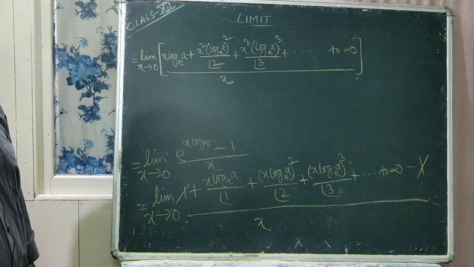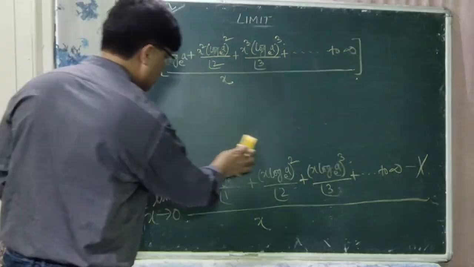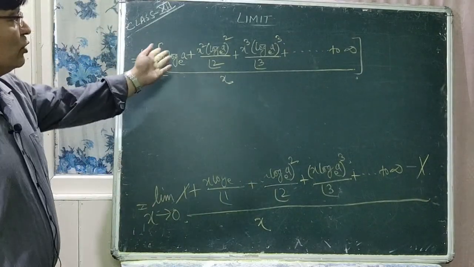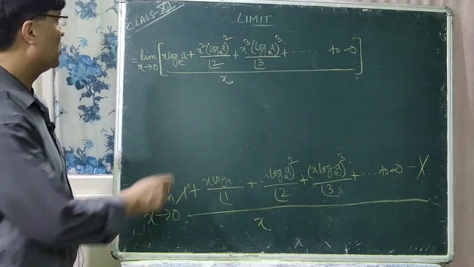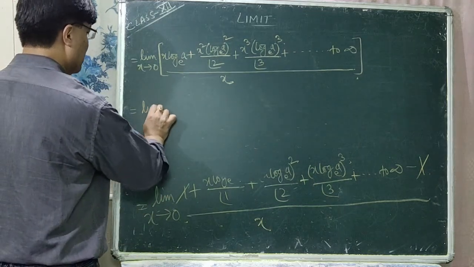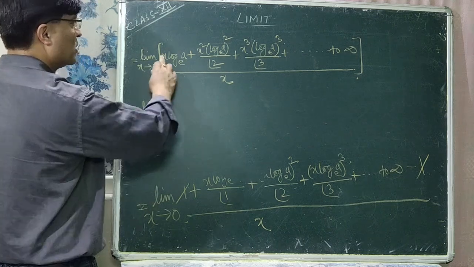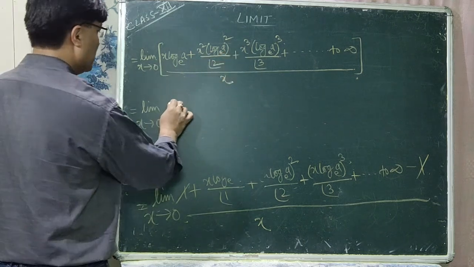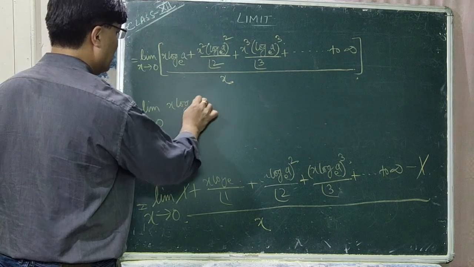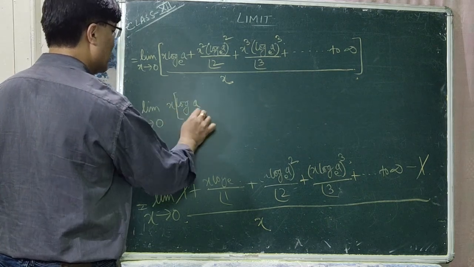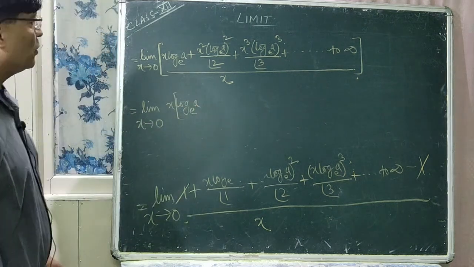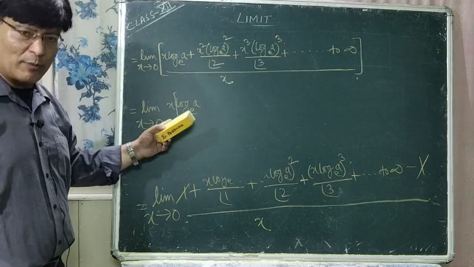So I think you have understood it. So now in the next step, what will you do? From the numerator you can take common, isn't it? So what is common out there? It is limit x tends to 0. What is common out here? x log a base e, or you can take only x as common. Only x you can take as common out here.